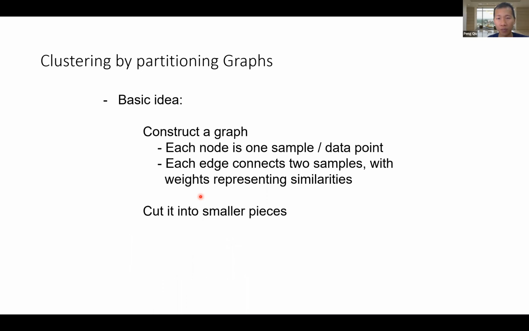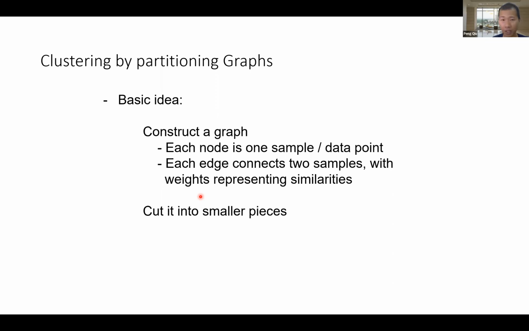Both of them require the algorithm to first construct a graph connecting the data points that we want to cluster. And in that graph, each node is a data point we want to cluster, and each edge represents the similarity. So there could be a weight on each edge, right? So for two nodes that are really far away from each other, maybe we don't have an edge connecting them at all, or we have an edge connecting them, but with very, very small weight.